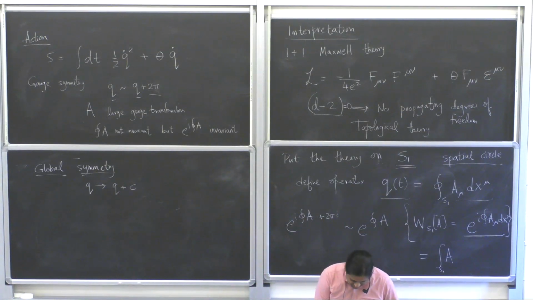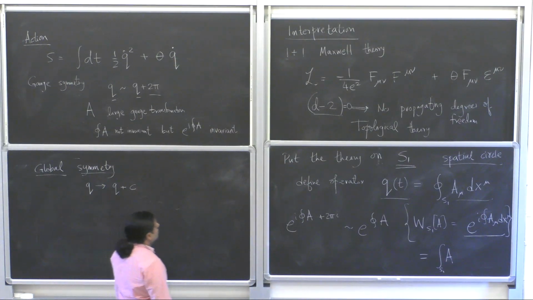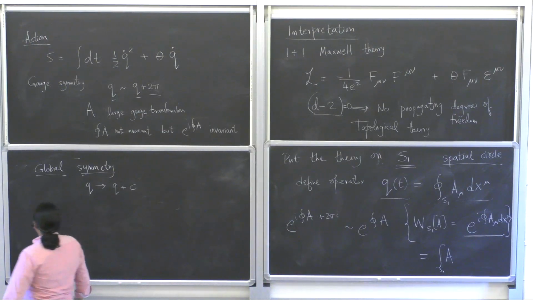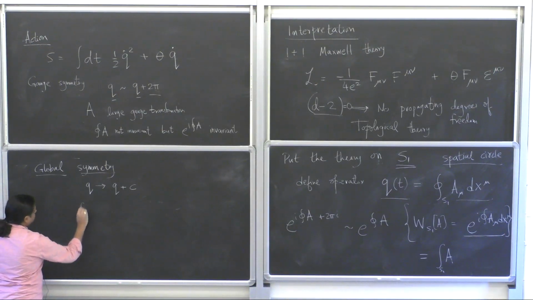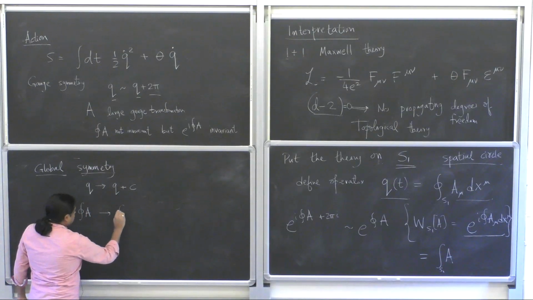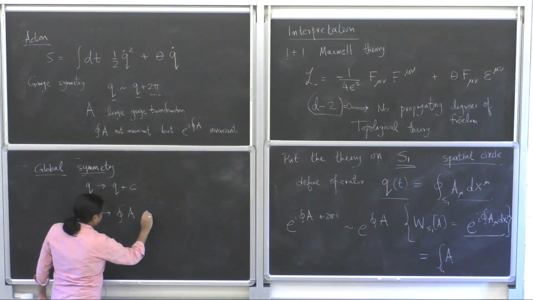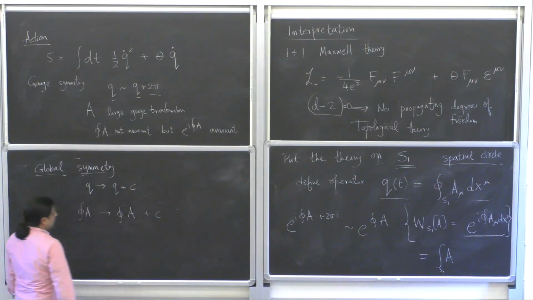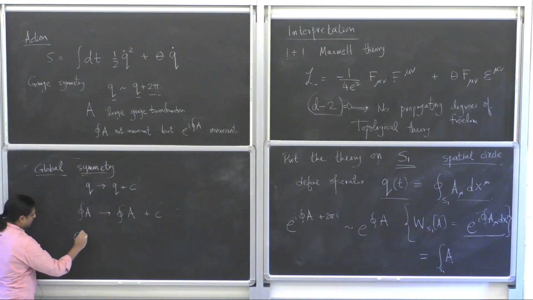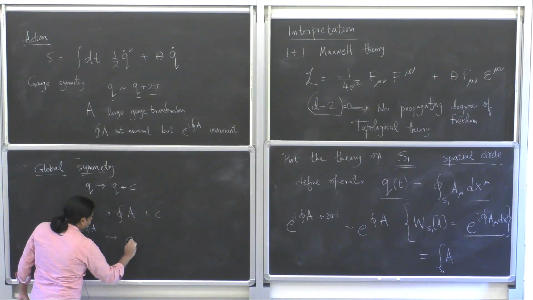You could ask, what is the origin of this global symmetry in the context of the 1+1 Maxwell theory? In the 1+1 Maxwell theory, what we would have said is this symmetry follows from this loop integral over A shifting by a constant, or in other words, it's a symmetry of the Wilson loop by some kind of phasing.